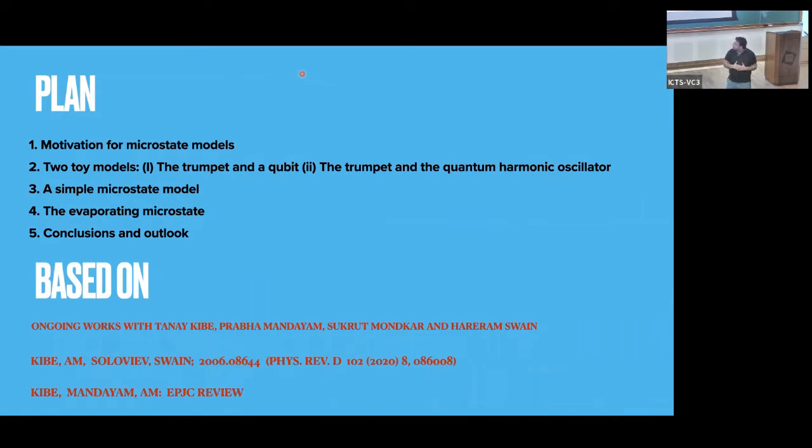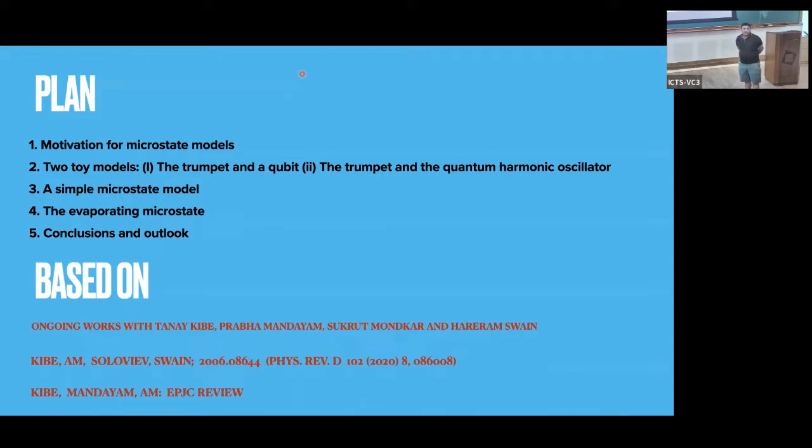And then I will talk about 2 toy models where this is possible, but it's not yet a microstate model. And this is not yet published work, but we have concrete results. I'll try to show these 2 models, and especially the trumpet, I mean JT gravity, using this terminology of Clifford Johnson, who created this nice trumpet-like image for the JT black hole.